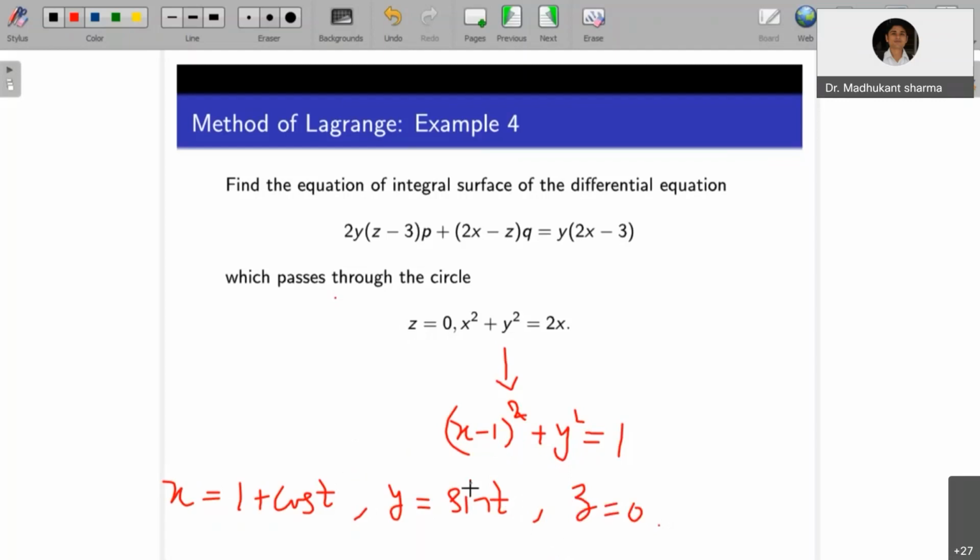On the xy plane, z is 0, and t is running from 0 to 2 pi. This will come later once we find the solution. So let's find the solution.